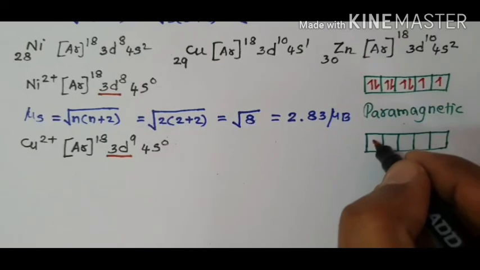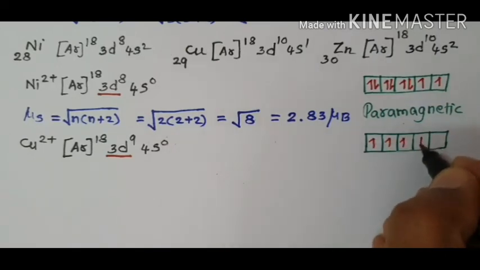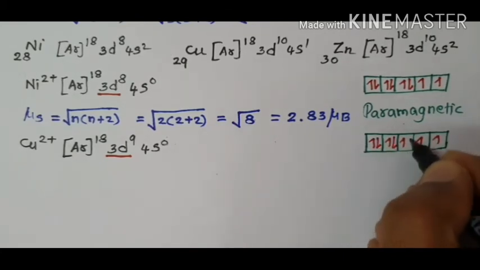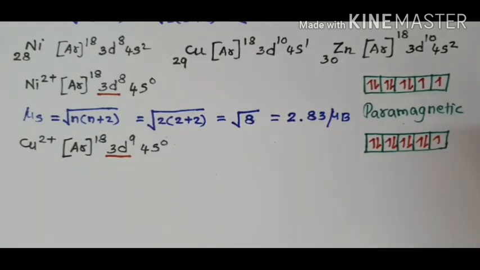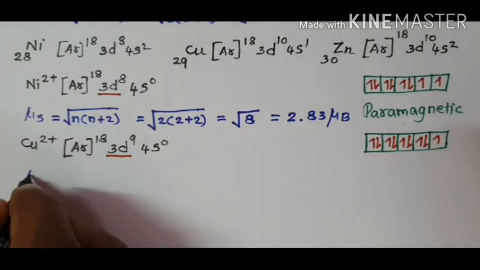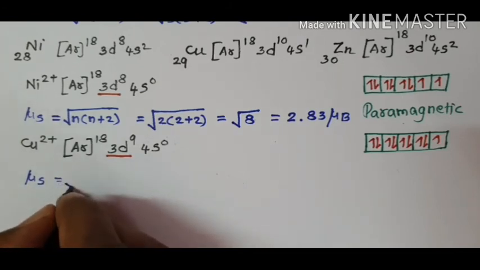Fill according to Hund's rule. 1, 2, 3, 4, 5, 6, 7, 8, 9. So see how many unpaired electrons in copper 2 plus? Only 1 unpaired electron.